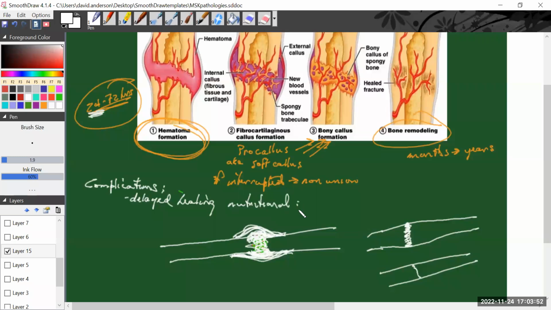What sort of things do you think might be important for a good repair of bone tissue from a nutritional point of view? Eating lots of calcium. Sure, calcium would be a big one. So we might be thinking in terms of calcium, definitely protein.